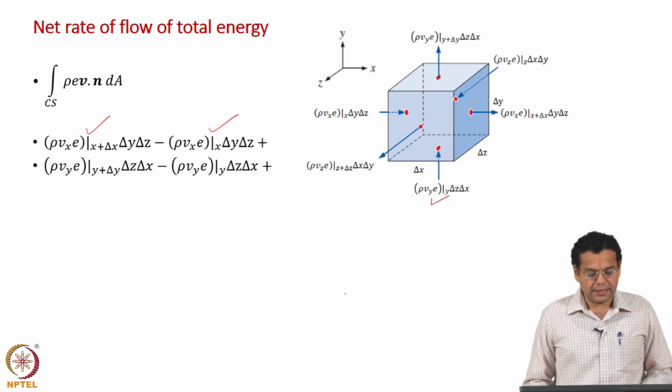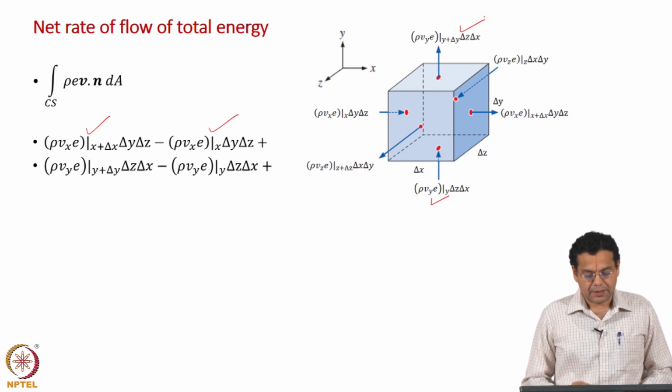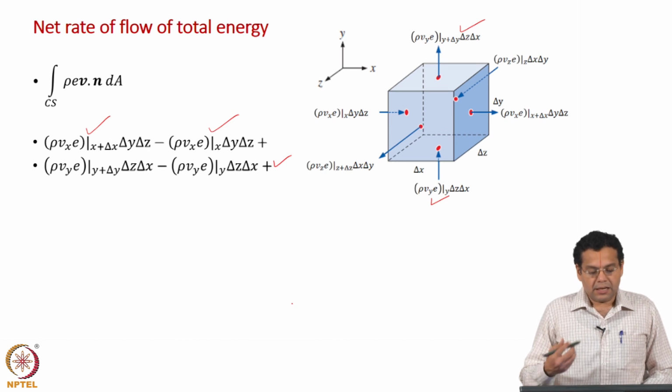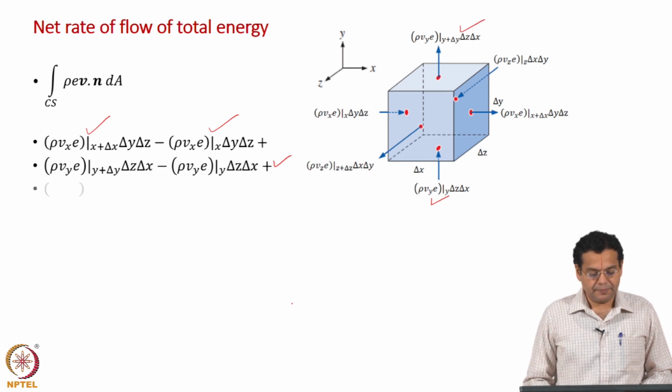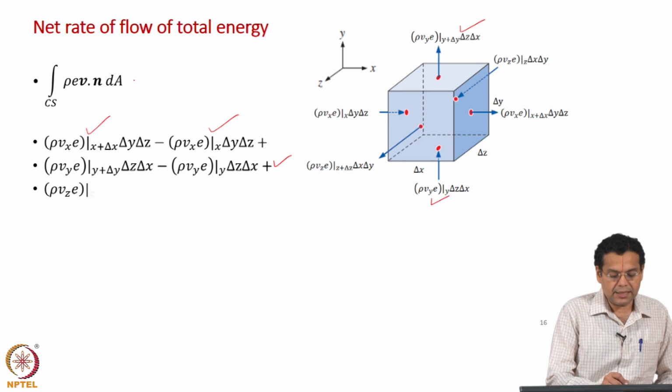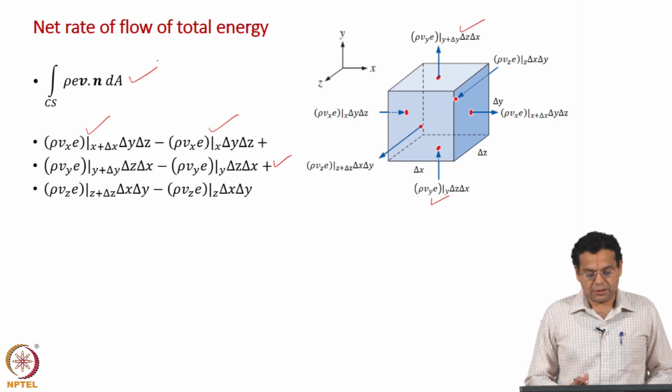There is energy entering at the bottom face and then energy leaving at the top face, and those two terms are shown here. Once again we should take rate of flow of energy leaving minus rate of flow of energy entering, because this integral term tells about the net rate at which energy leaves the control surface.